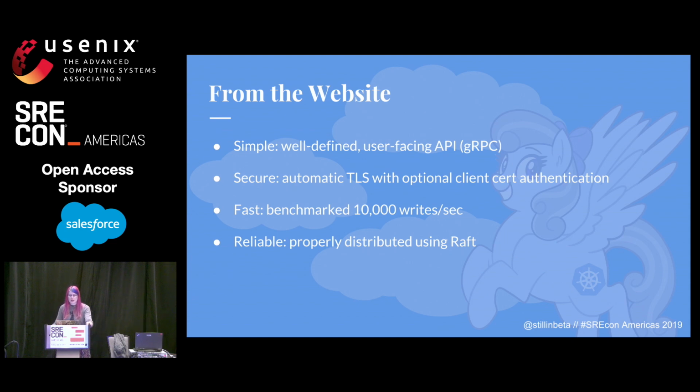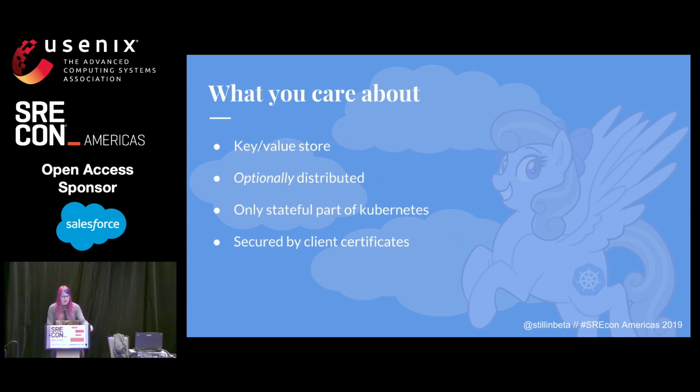It uses automatic TLS. It can do 10,000 writes per second. I don't even know if that's a lot, if I'm honest with you. But what you care about is that it is a key value store. And for our purposes, it is optionally distributed, which means I can just run one image, which is exactly what I'm going to do.